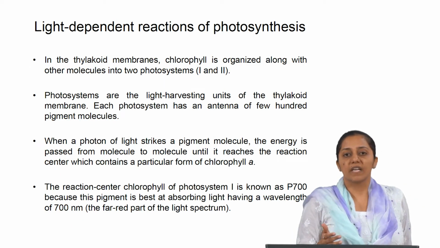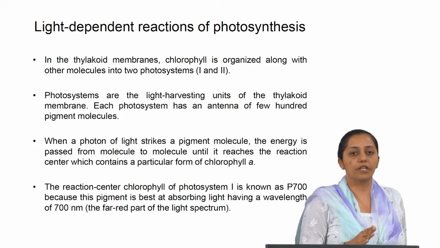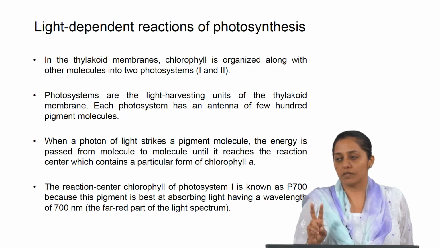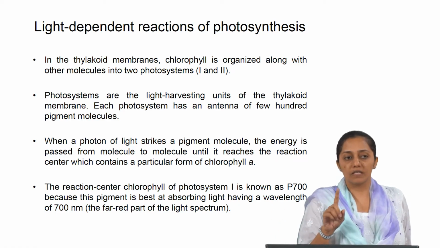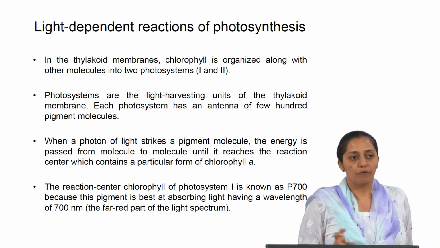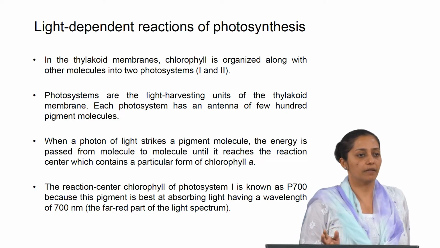What happens in the thylakoid membrane is that the chlorophyll is organized along with other molecules to form the two photosystems. Photosystem 1 is called P700, and photosystem 2 is P680, which means there is a difference in the maximum absorption wavelength.